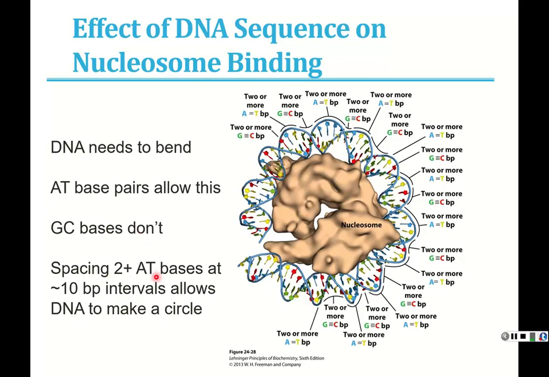So you have 2 or more AT bases at about 10 base pair intervals, and that allows the DNA to make a circle. Some of these repeat regions we see in DNA are actually just regions that help facilitate binding to histone proteins to make the chromatin.